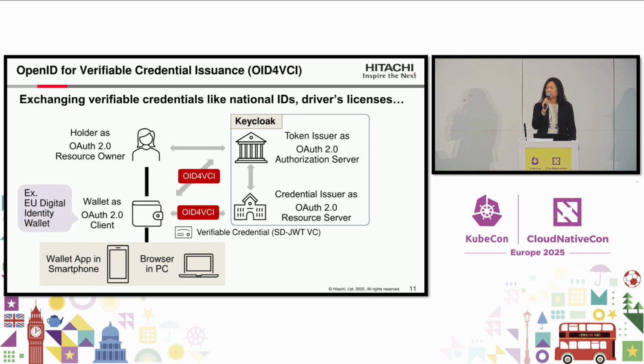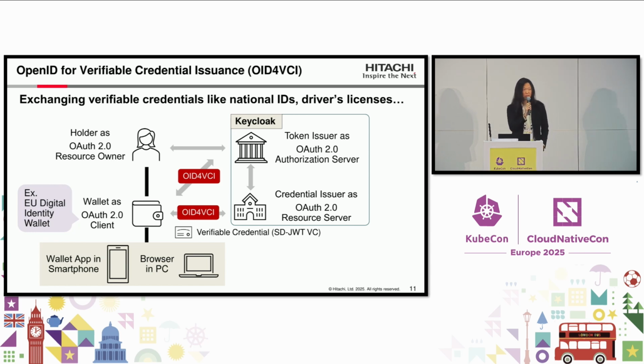Keycloak supports OID4VCI, but only experimentally, and it covers only part of the whole OID4VCI specification. The current OID4VCI support in Keycloak plays two roles: token issuer as authorization server and credential issuer as resource server.